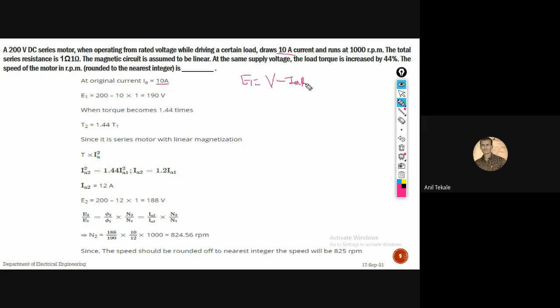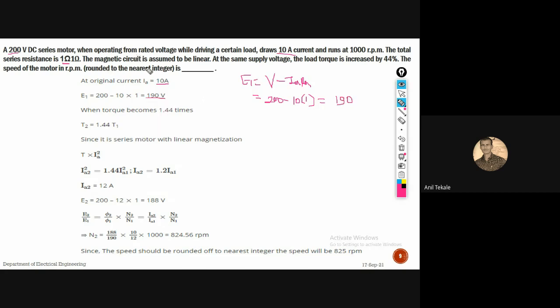V is 200 volt, armature current is 10, and armature resistance is 1. So the total back EMF is 190. That is E1.